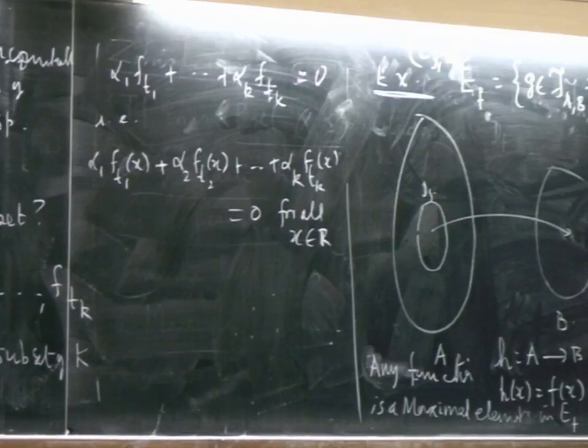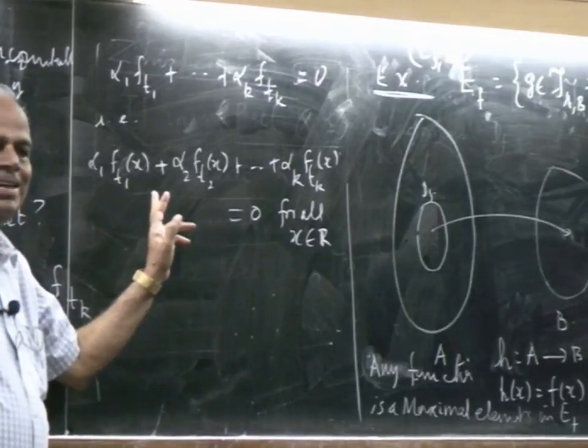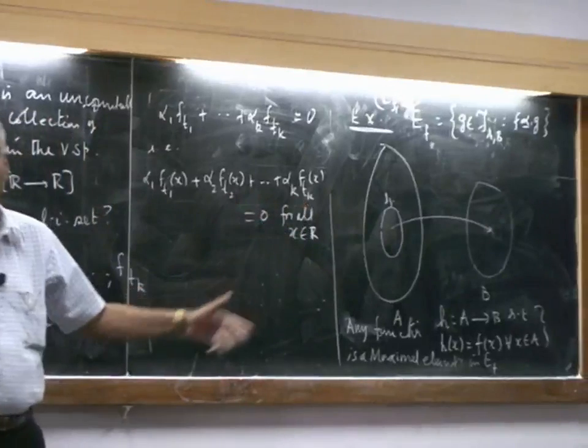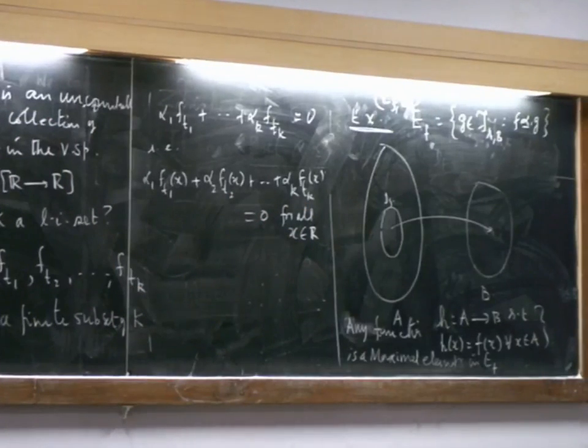Since this is true for all x, put x equal to t1. What do I get? This is alpha 1, the others are all 0. So alpha 1 will become 0. x equal to t2 will give alpha 2 equal to 0.